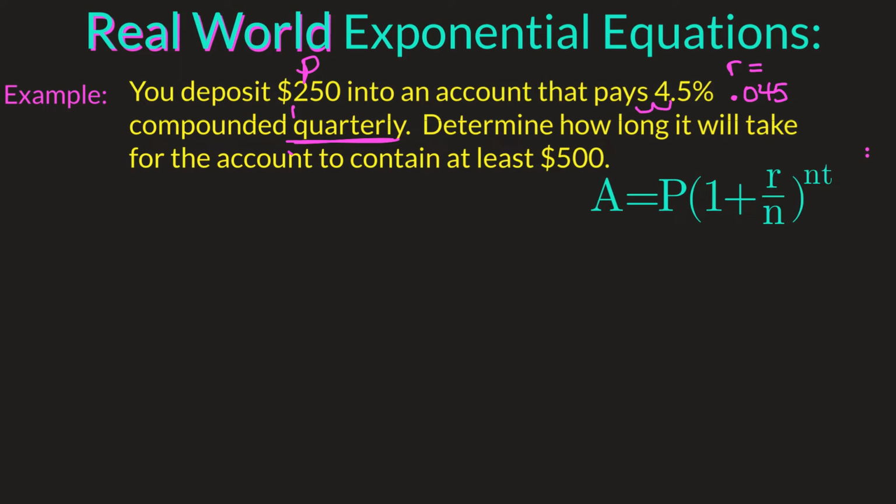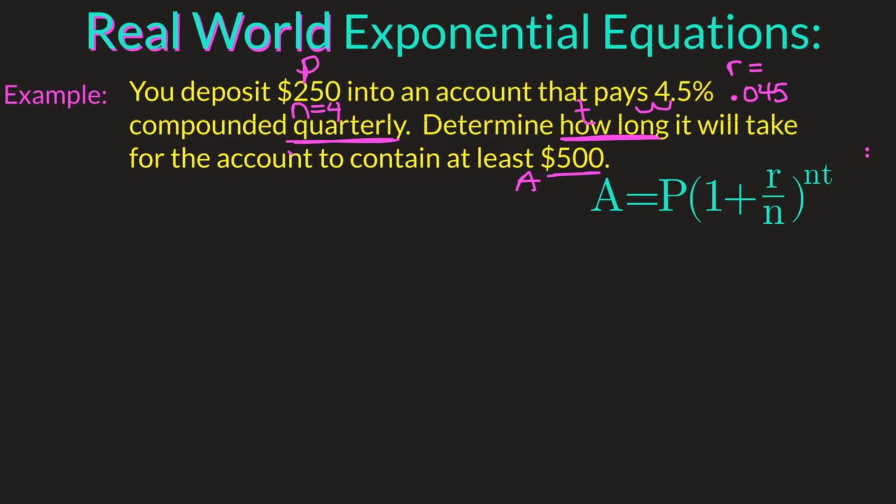So remember, this is your n, the number of times compounded per year. Well, if it's quarterly, then that means that it is being compounded 4 times per year. So n is 4. And then determine how long. So this is what we're trying to find. This is our t. And how long will it take for the account to contain at least $500? So this is going to be our A.